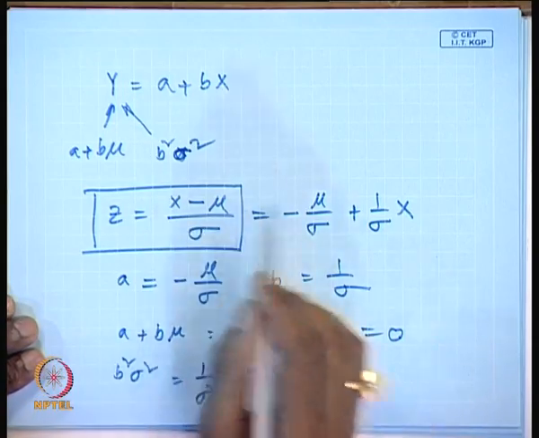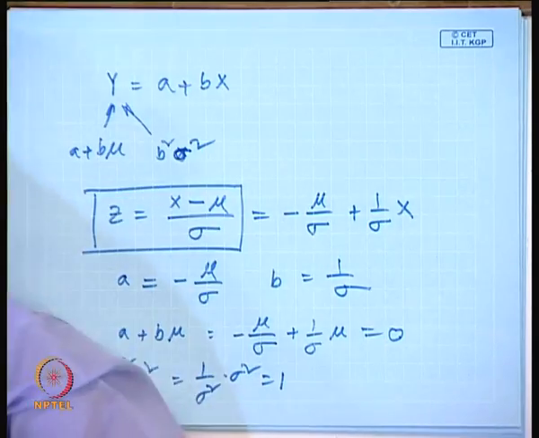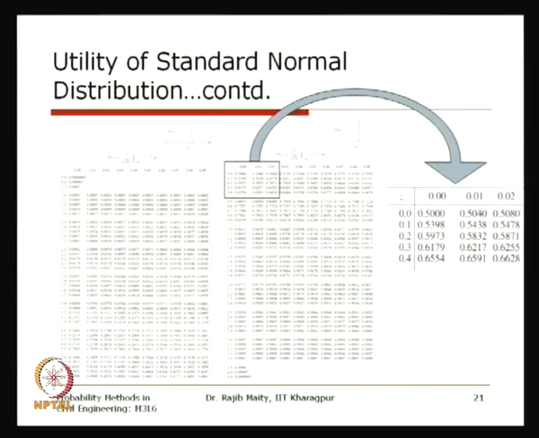So, once we can convert this, then we can use this standard normal distribution chart, which generally looks like this. So, this is the PDF of this normal distribution, and these cumulative values are listed as follows.